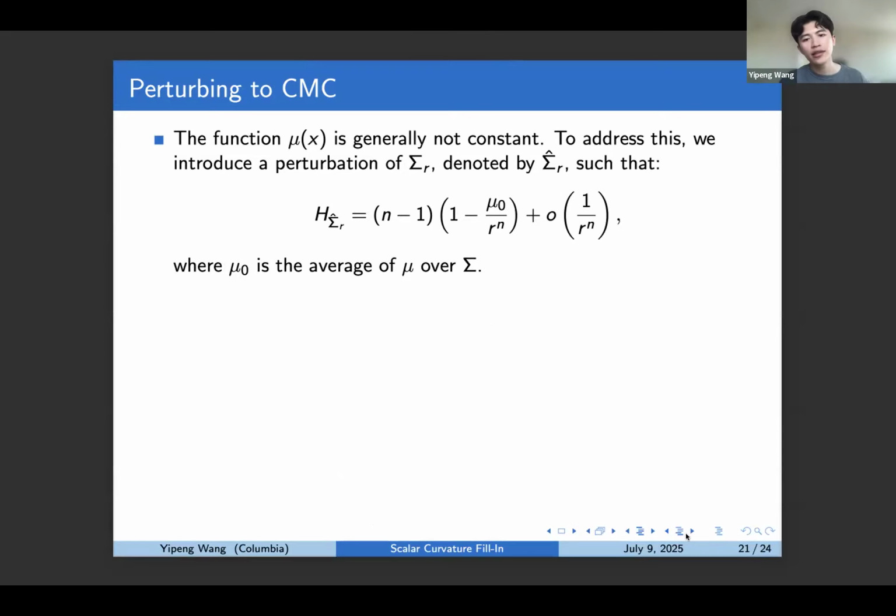I see. So yeah, that's a good question. The idea is the following. I want to apply this systolic inequality. So what does the systolic inequality say? It says that if you have a solid torus with scalar curvature at least minus n times n minus 1, then you can bound the infimum of the mean curvature of the boundary.